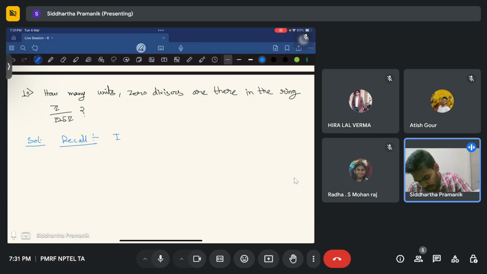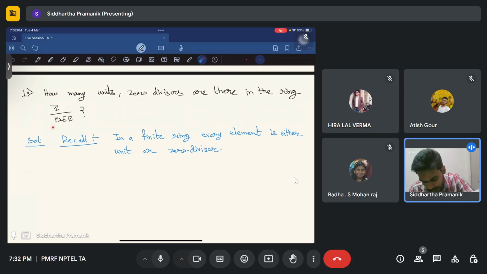So in a finite ring, every element is either a unit or a zero divisor. Okay, so Z mod 125Z is a finite ring.